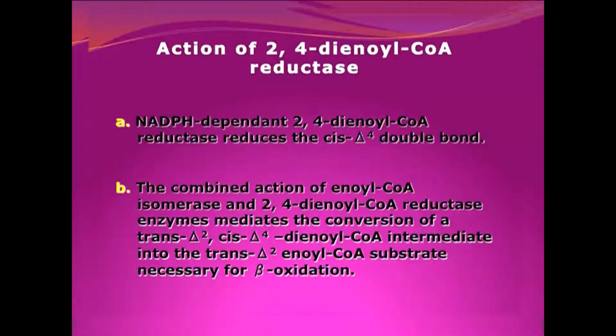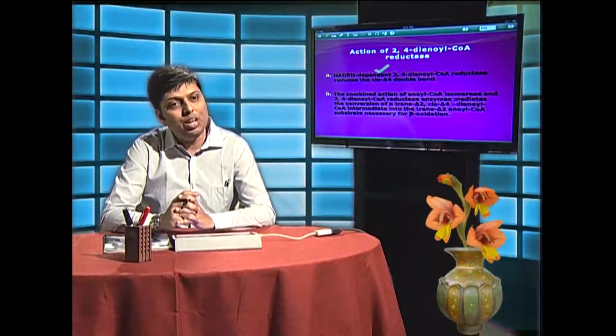It utilizes NADPH for its oxidation, and it converts the double bond present in a trans delta 2 cis delta 4 enoyl-CoA to a trans delta 2 enoyl-CoA, which is a regular substrate of the enoyl-CoA hydratase enzyme.